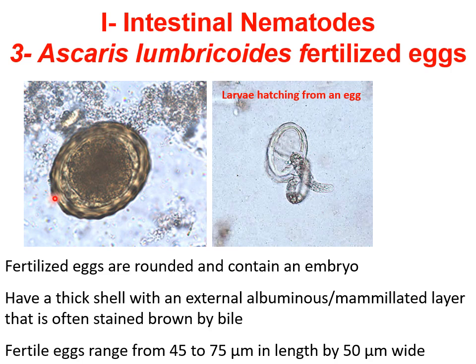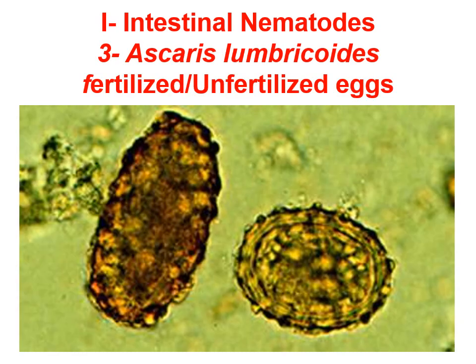The egg usually presents a thick shell with a mammillated layer that is dark stained and usually brown. These fertile eggs are smaller than the non-fertilized. And here you can see side by side the picture of an unfertilized egg on the left and a fertilized egg on the right.